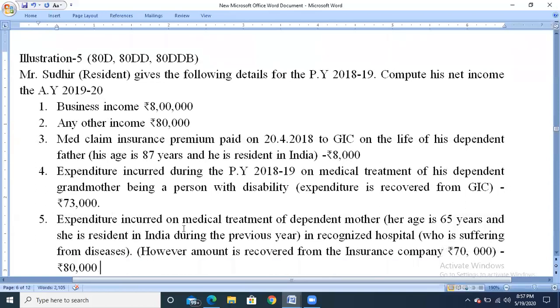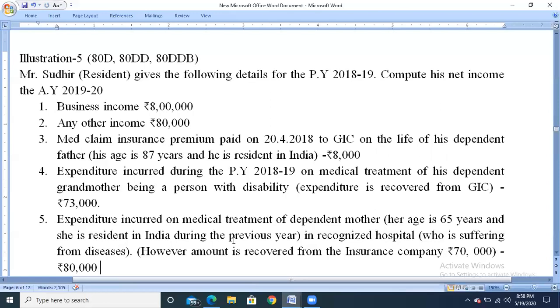Next, expenditure incurred on medical treatment of the dependent mother. Her age is 65 years and she is resident in India during the previous year, in a recognized hospital, suffering from a specified disease. However, the amount recovered from the insurance company is 70,000. The expenditure is 80,000.